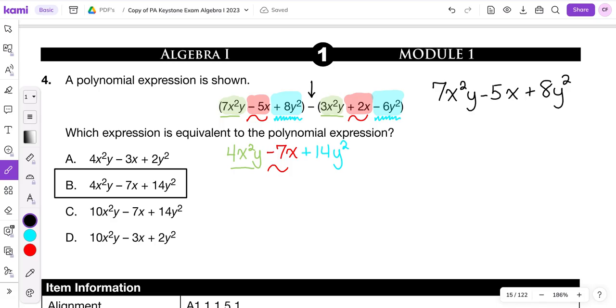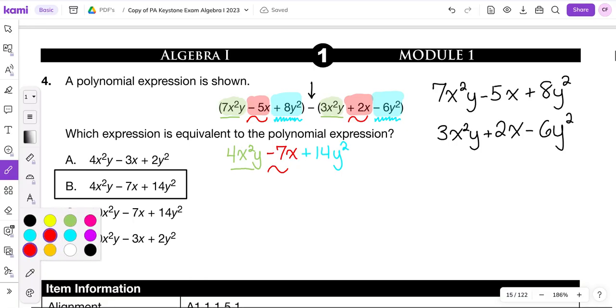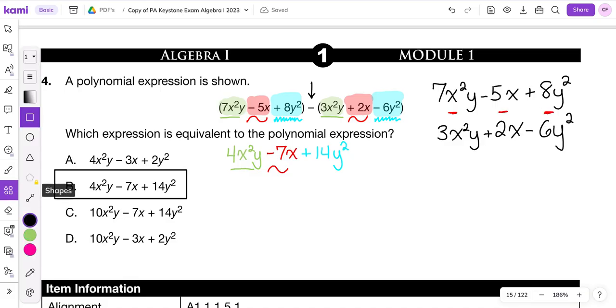So here, I would put the 3x to the power of 2y plus the 2x minus the 6y to the power of 2. And what are we doing with them? We are subtracting, subtracting, subtracting. And it would give us our same answer here.